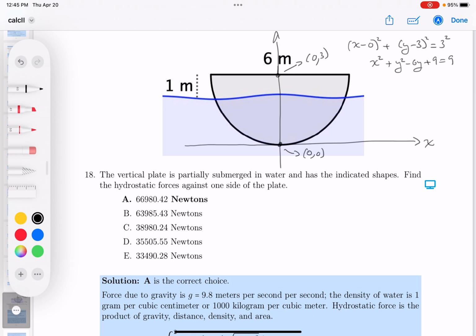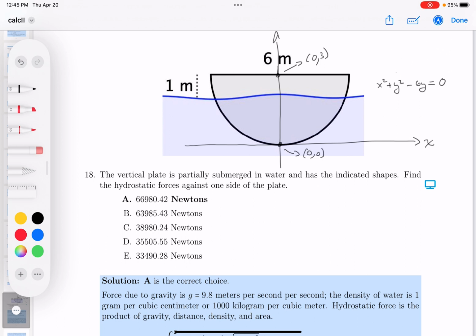I'm going to simplify a little bit more. x squared plus y squared minus 6y is equal to 0. All right, I'm going to get my eraser out and get rid of this preliminary information that I don't need anymore. So I have a relationship between x and y.